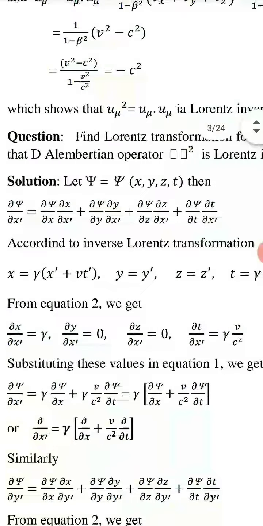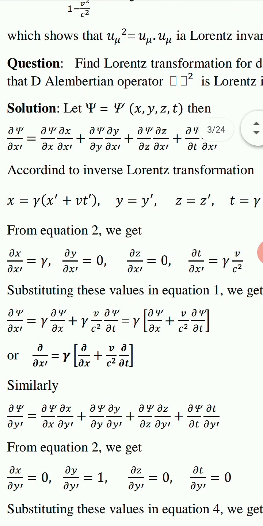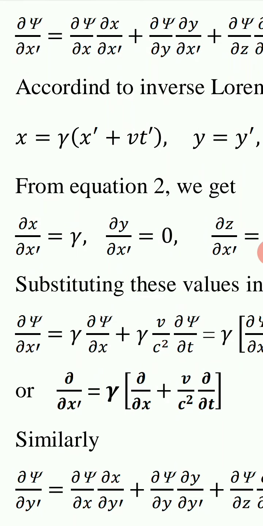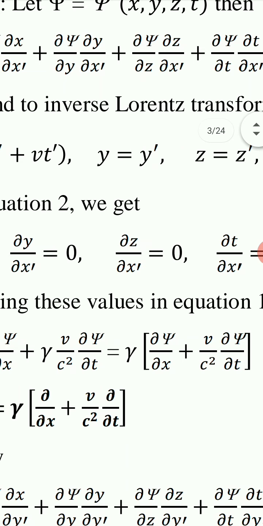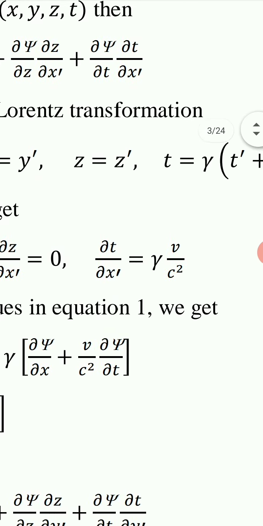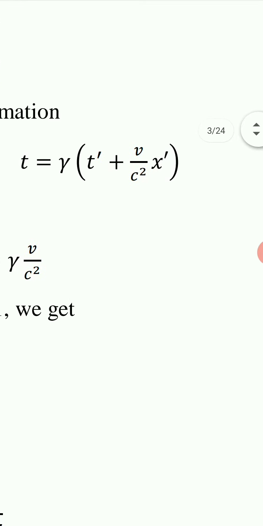For this we use the inverse Lorentz transformation, which is x equal to gamma into x dash plus vt dash, y equal to y dash, z equal to z dash, and t equal to gamma into t dash plus v upon c square x dash.